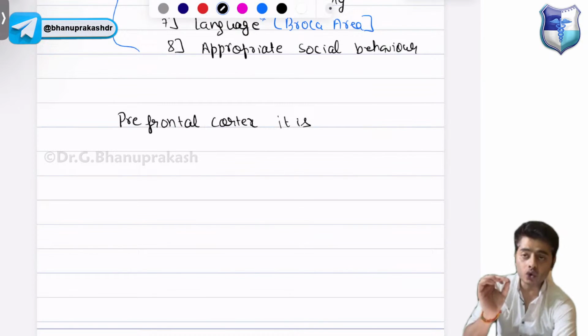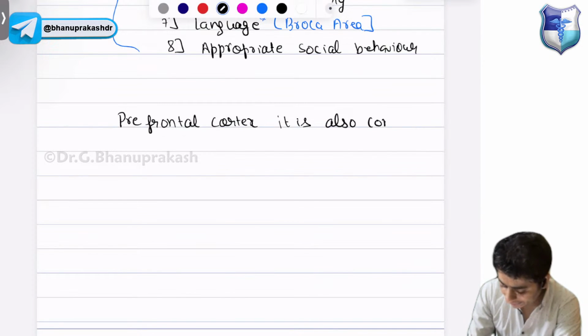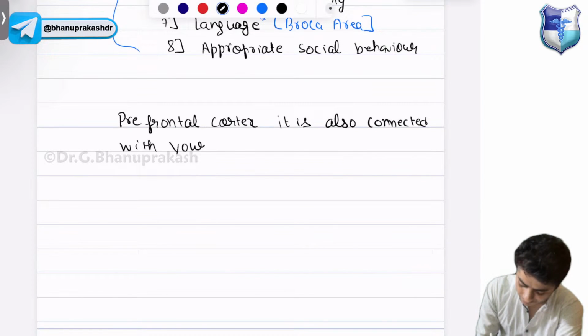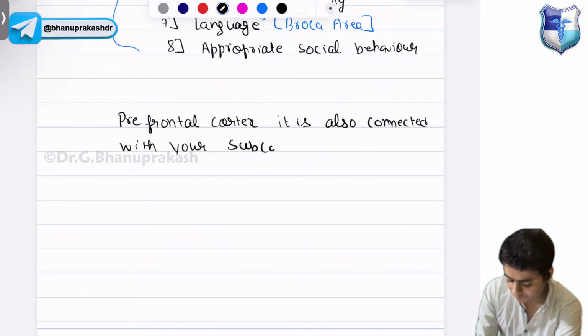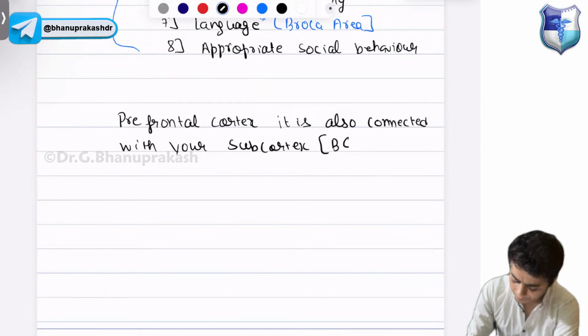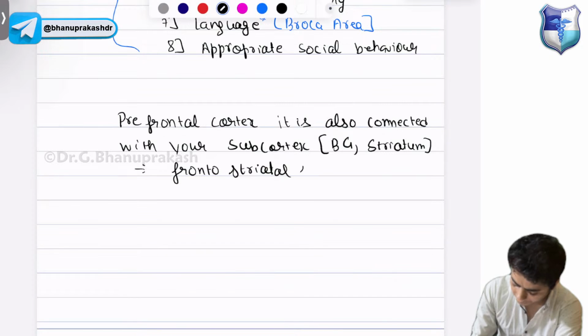Okay, so prefrontal cortex, it is also connected with your subcortex. That is your basal ganglia, your striatum, and that is by frontostriatal fibers.